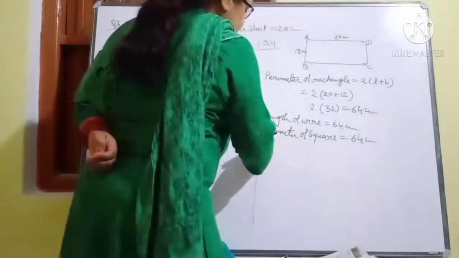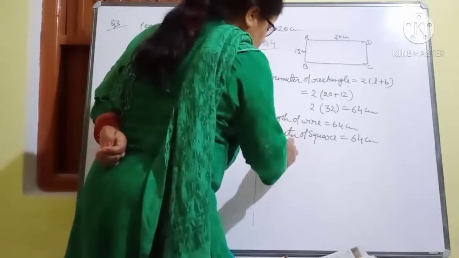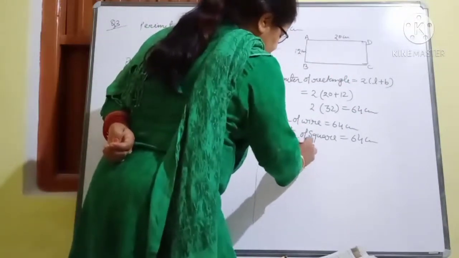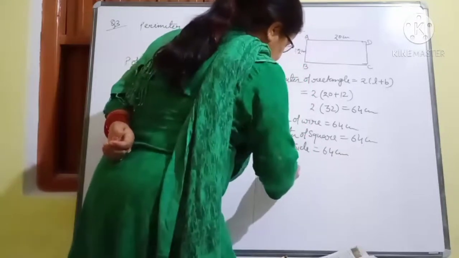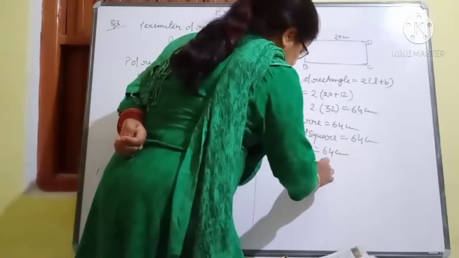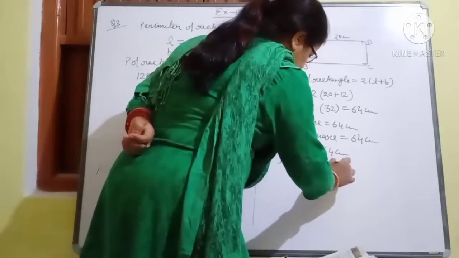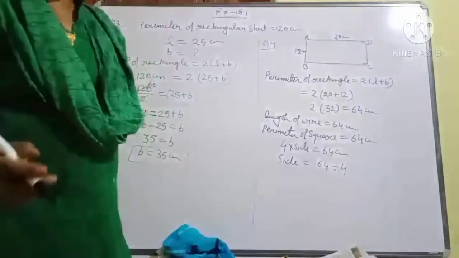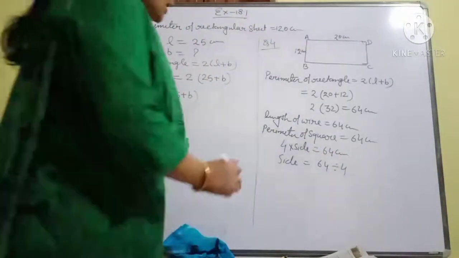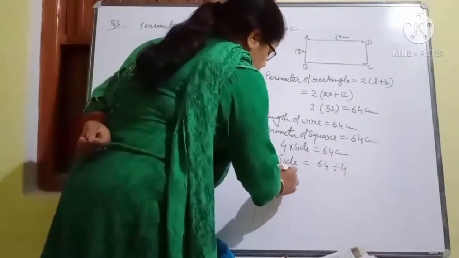And what is the formula for the perimeter of a square? 4 into side is equal to 64 centimeter. So the side of the square will be 64 divided by 4, because this is multiplication; when it goes to the right-hand side, it converts into the divide sign. So the side of the square is equal to how much, beta?